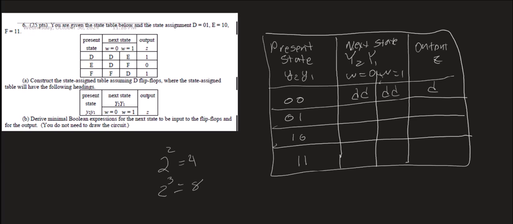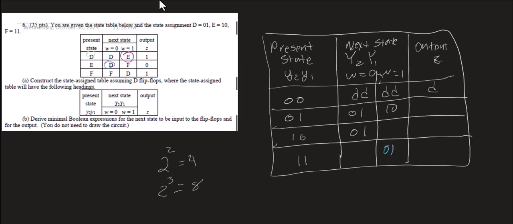01 is D, so we want to put 01 wherever we had a D in this table. So that would be right here and right here. And E is 10. So 10, here's an E. And F, looks like I missed a D. So D was 0, 1, and there's a 0, 1 right there.